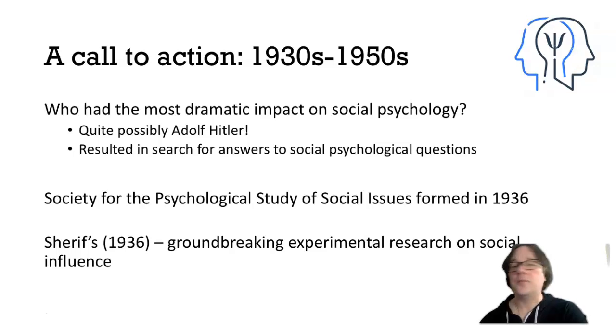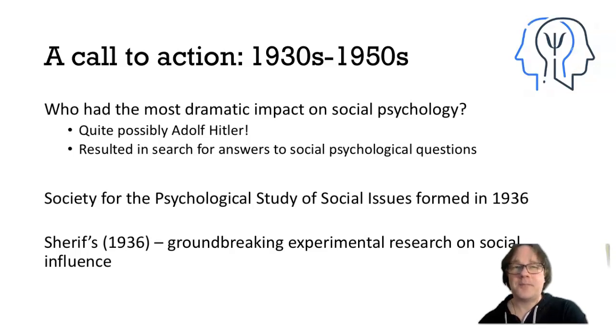This raised so many questions for social psychologists, particularly because a lot of these psychologists were from Germany, and they escaped to the United States or to Western Europe to avoid Nazi Germany. So they knew the German people. They knew that the Germans were not some barbarians.